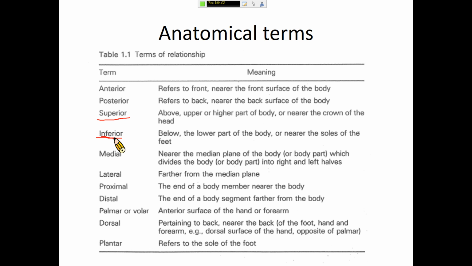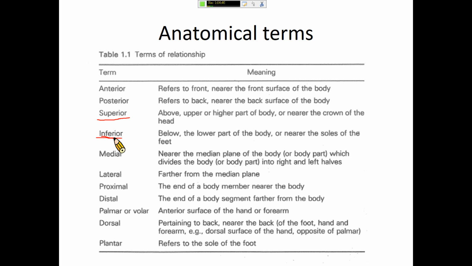Or when I try to describe the lateral end of this rib, number 4, and the medial end of this rib. Medial, because it's close to the sagittal plane.